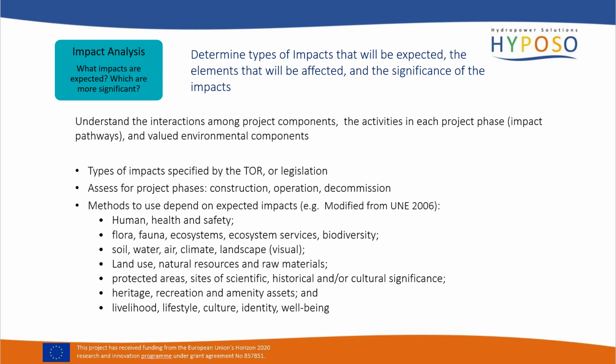The impact analysis will follow what is specified in the terms of reference, but it is always required to integrate new impacts that are identified as the assessment process is progressing. That means we don't restrict ourselves to what the authority says, but we do our best to capture all impacts that could happen and then decide which ones are significant or not.